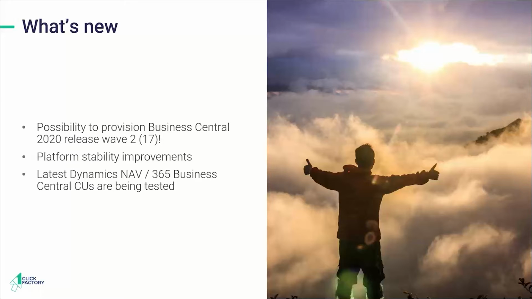For those who were searching for that, I hope you already found it. For those who haven't, please know that it is already available to provision. I'll talk about the Business Central 17 version a little more on the next slide.